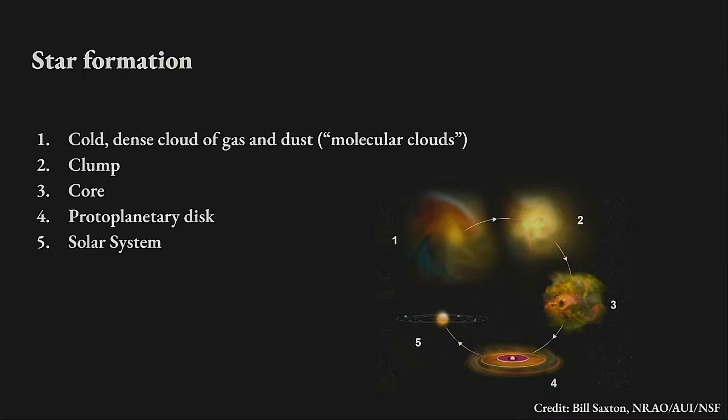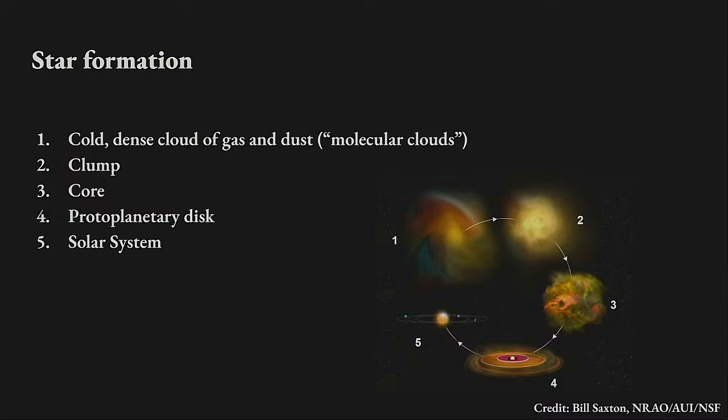So we start with this multi-step process. In galaxies, there exist these cold, dense clouds of gas and dust that we call molecular clouds. Certain regions of molecular clouds are more dense than other regions. So we call these regions clumps. Then within a clump, you have yet denser, yet smaller regions that are known as cores.